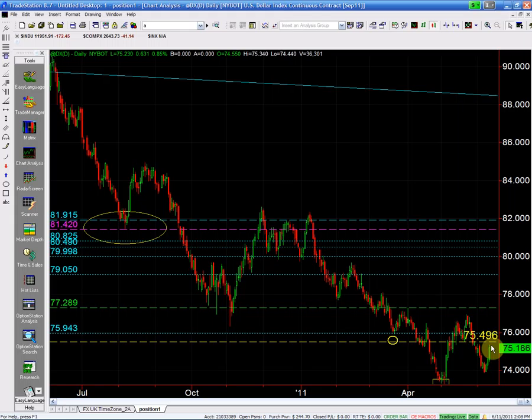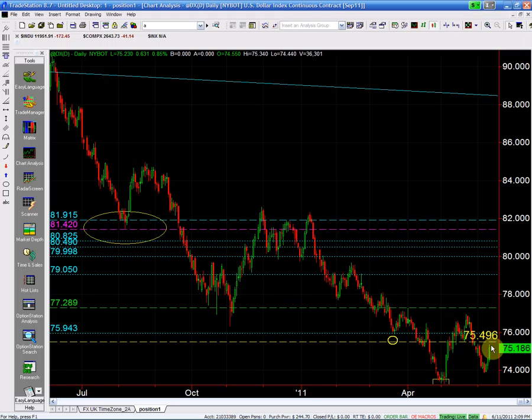Weakening in commodities, weakening in the stock market, and it also would indicate that we might see some action in the treasury bonds or the bills. So we're going to take a quick look at the other markets to find if there is any real correlation.